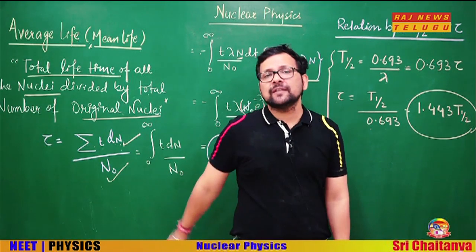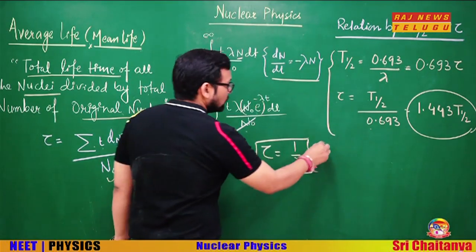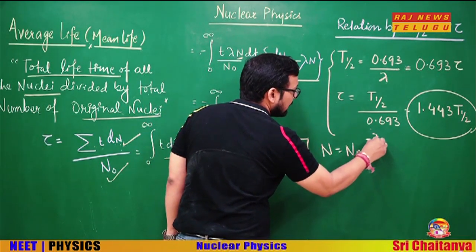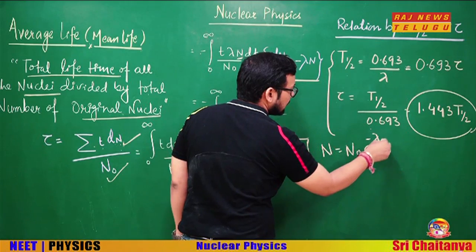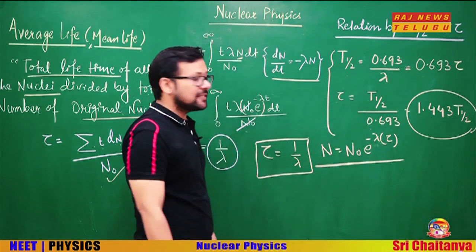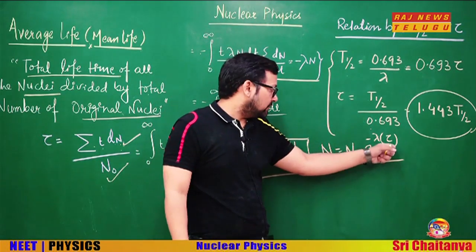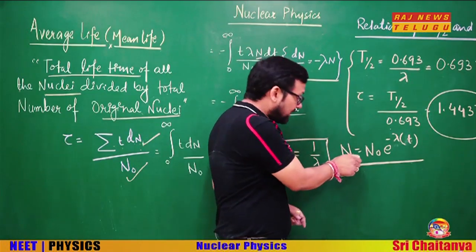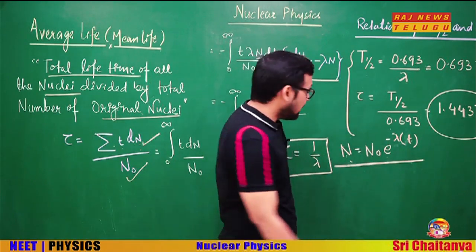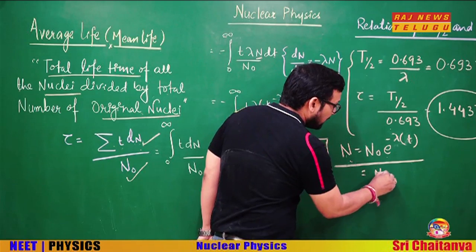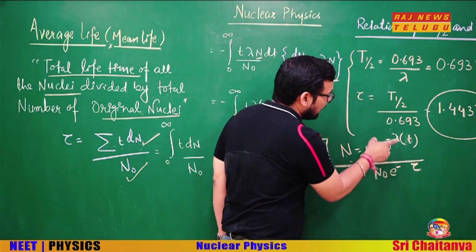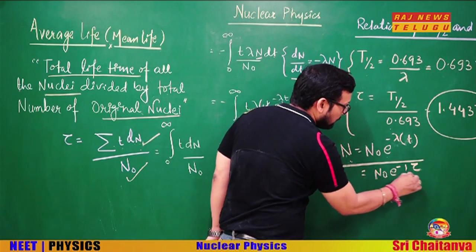One more interesting thing: N is equal to N naught e raised to power minus lambda t. When the total time is the mean life, t becomes tau and lambda is 1 by tau.